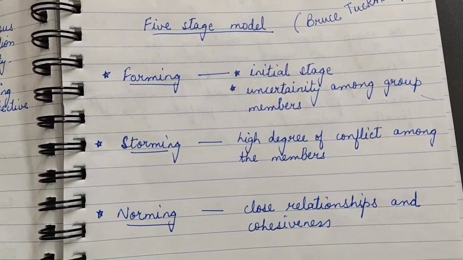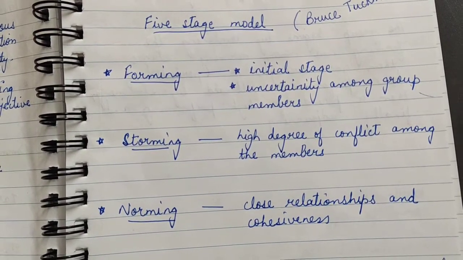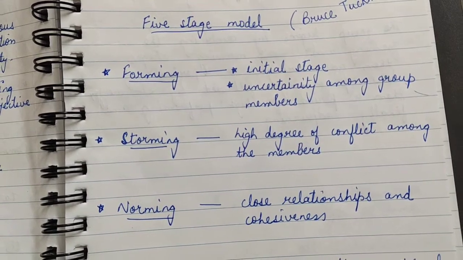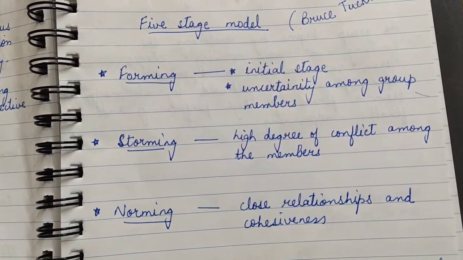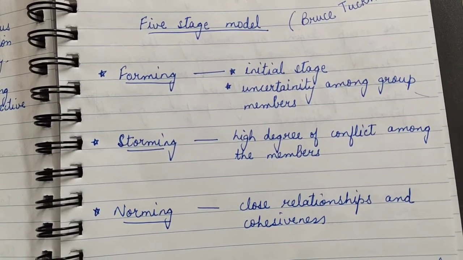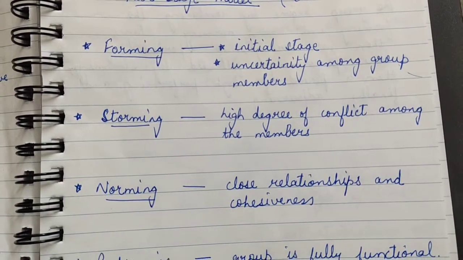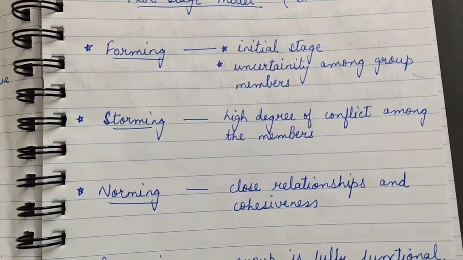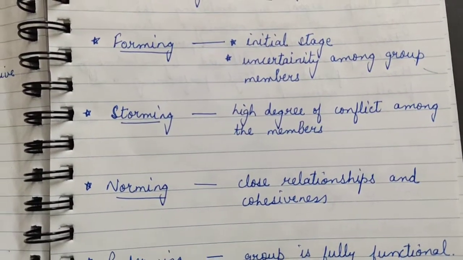Then the storming stage. Storming is when a group is formed, then obviously everyone would speak, share their ideas, though one would like and another would not like, so there are high chances of conflicts. So that's the storming stage. The norming stage has close relationships and cohesiveness. Norming is when things get normal and you try to work in a group.